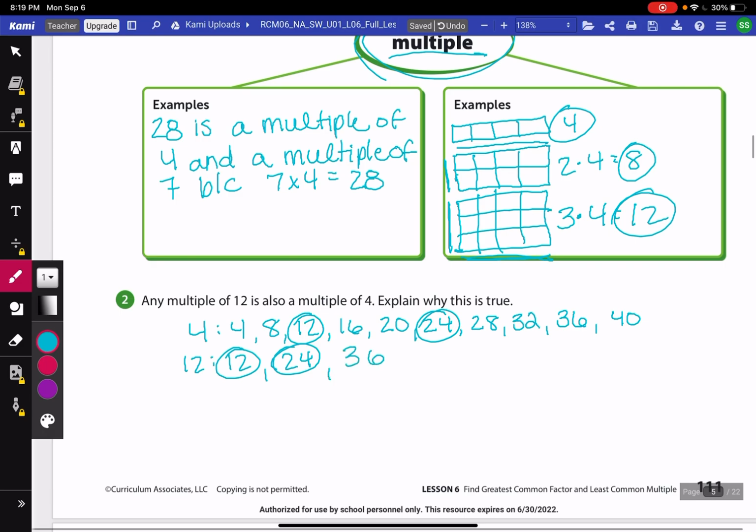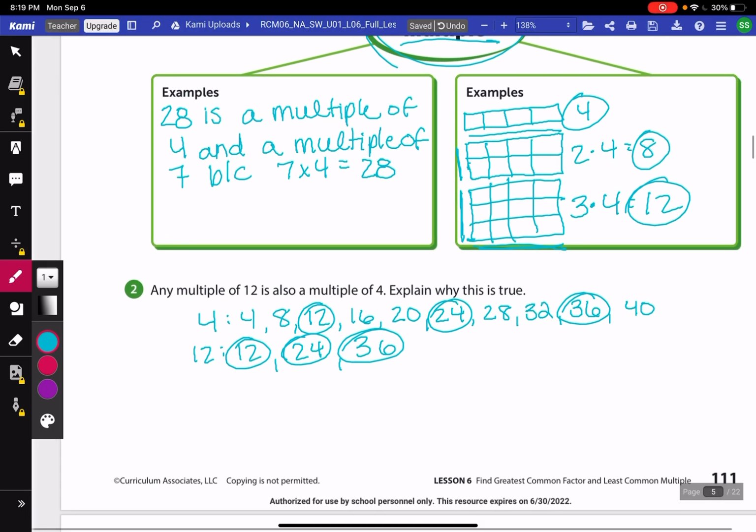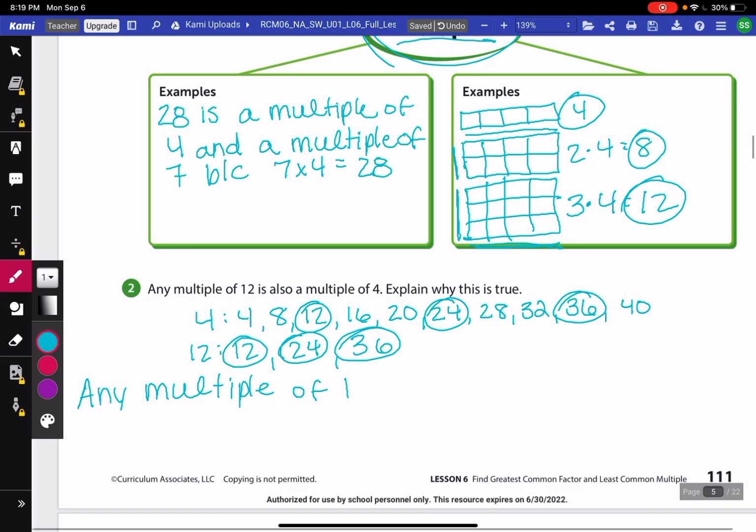What about 36? Yep. So we can say that any multiple of 12 will have factors of 4 and 3.